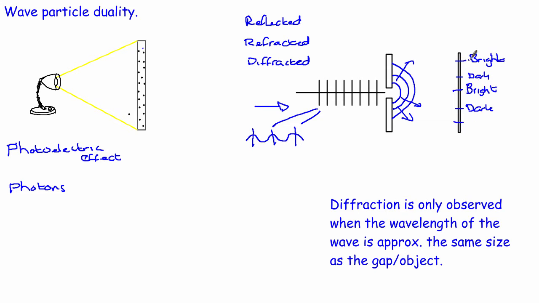So bright, dark, bright, dark, bright, and it'd carry on like that because of the way that the waves interfere with themselves as they're diffracted.